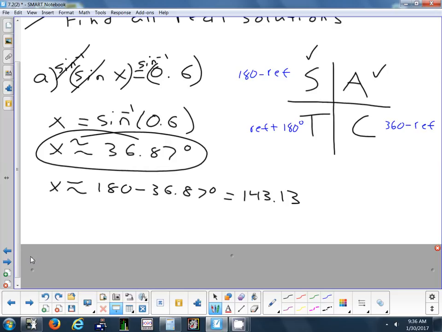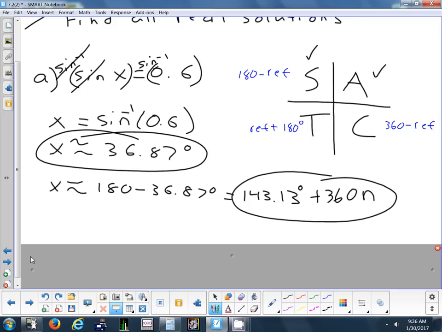Think of the period for sine. How often does sine repeat? Every 2 pi if we did it in radians. What's 2 pi in degrees? 360. So you can add 360 to that answer as many times as you want. Oh, and the other one as well. I should write that on.